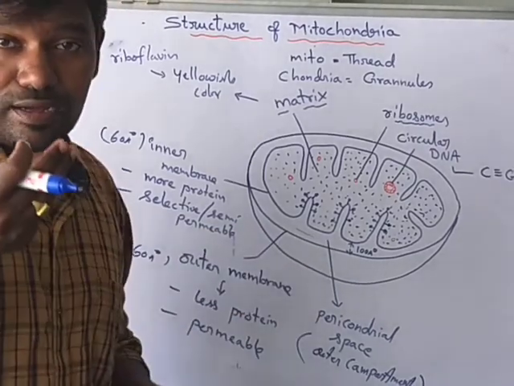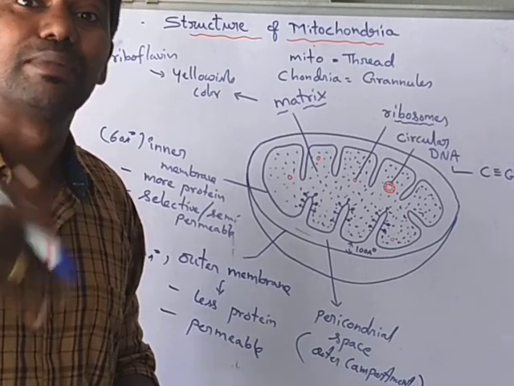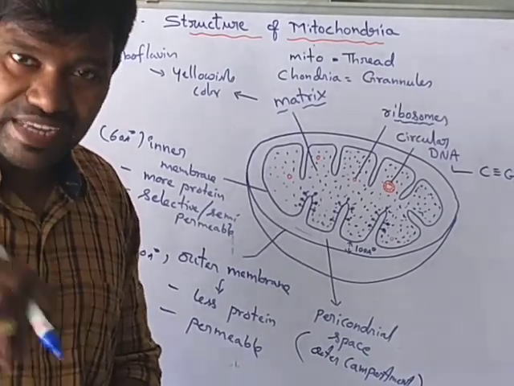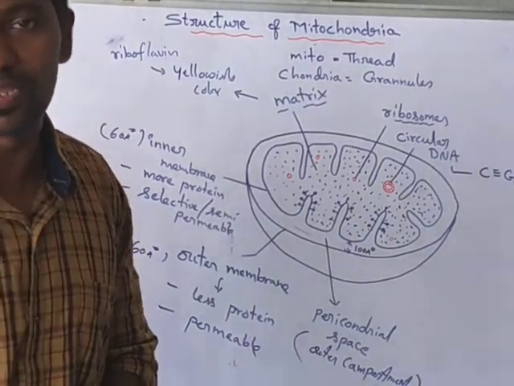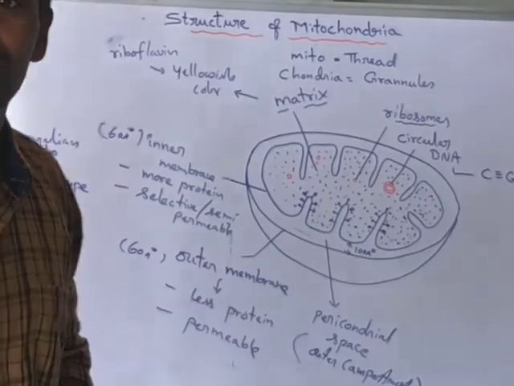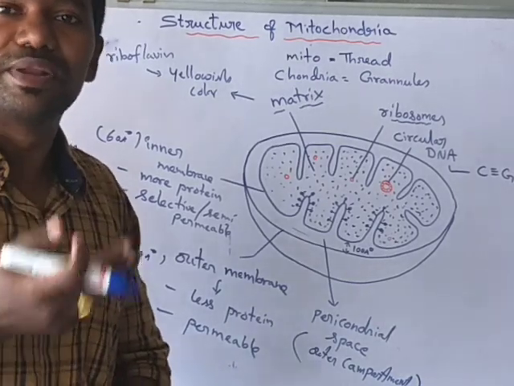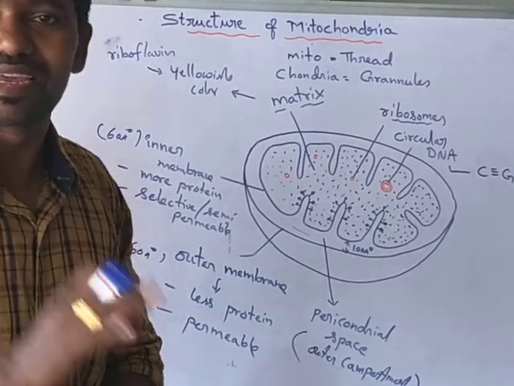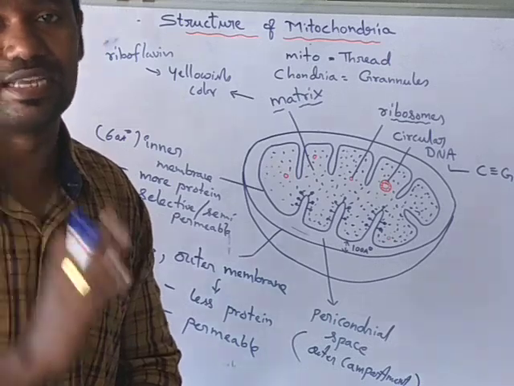New mitochondria arise from pre-existing mitochondria, because of the presence of circular DNA. They cannot depend on the nuclear DNA of the cell.